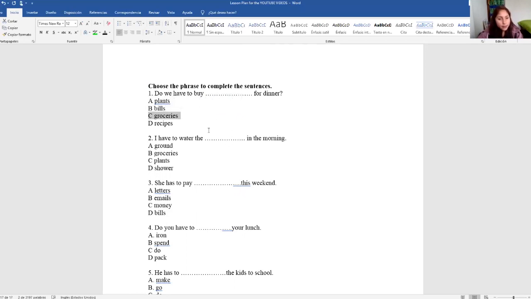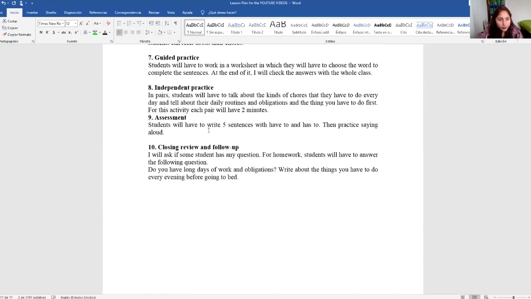So in this activity, it's important the student first think about if the sentence is positive, if the sentence is negative, if we are using the auxiliary do or does, or if we are using a WH question. So this way they can do this activity successfully. Let's continue.